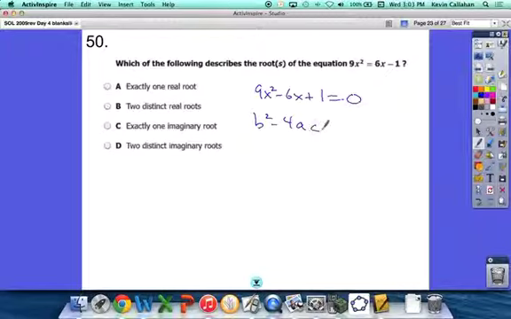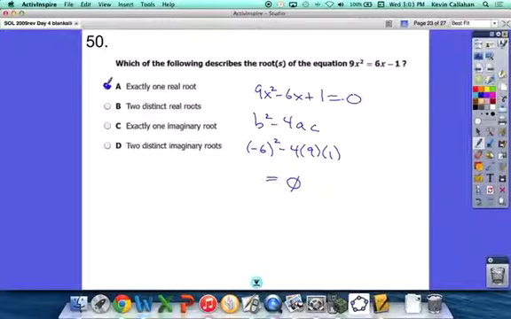So that'll be -6 squared minus 4 times 9 times 1, which is 0. So when you have the discriminant 0, because the square root of 0 is 0, plus or minus doesn't make any difference. You just get one real number answer, which is this one.